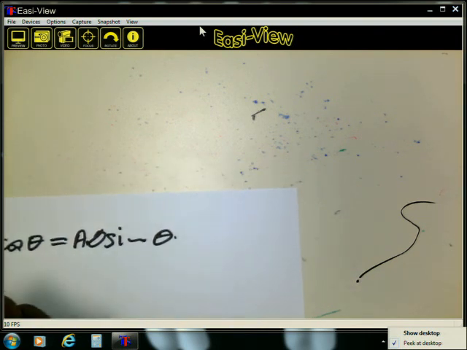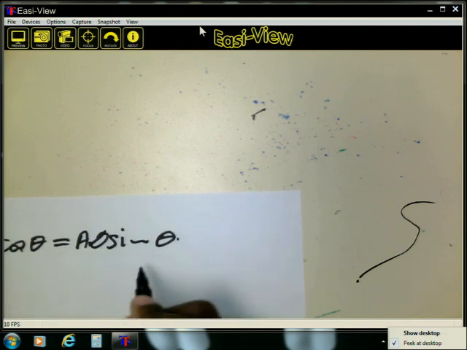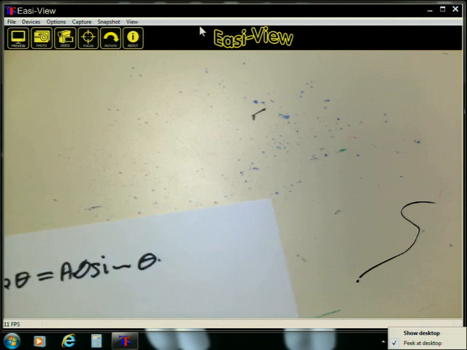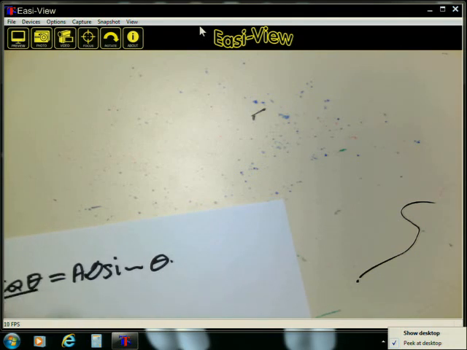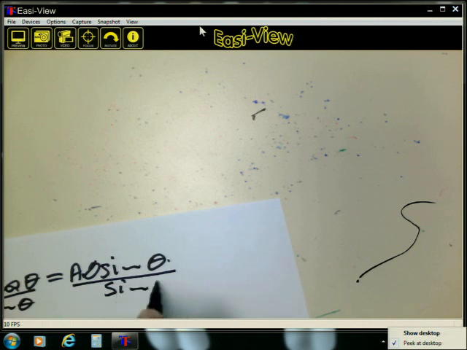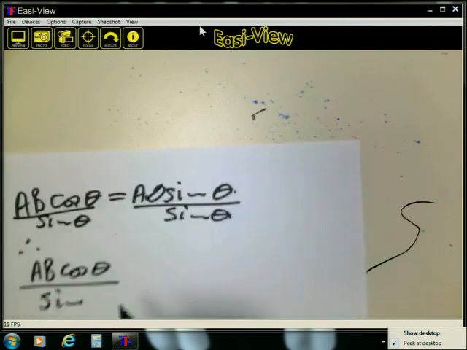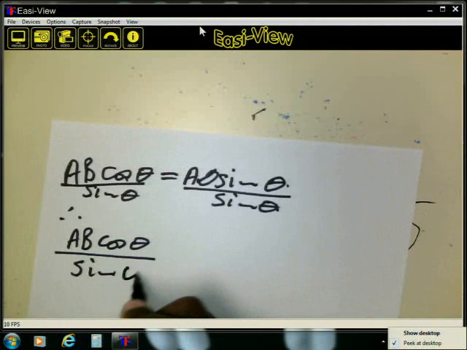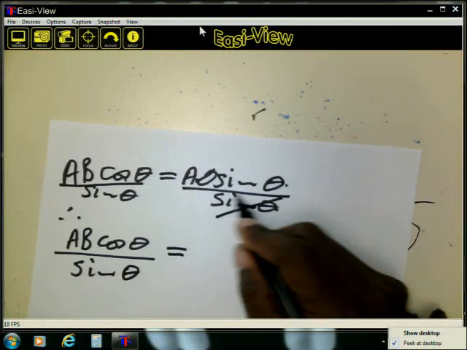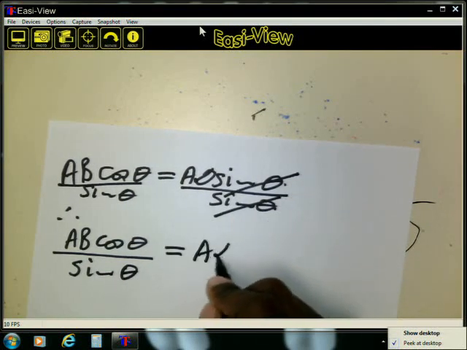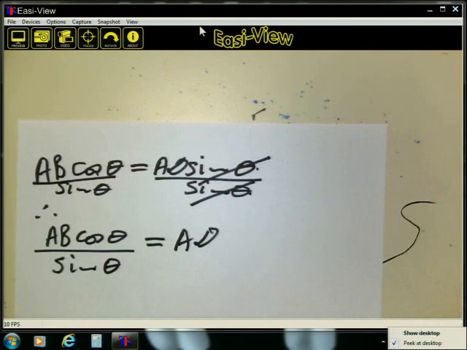And if we divide both sides by sine theta, then we have AB cos theta over sine theta is equal to AD.